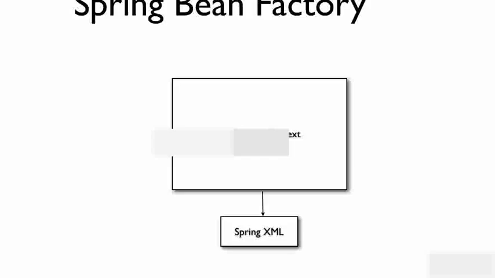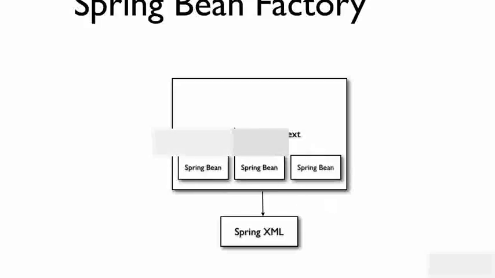It reads the Spring XML and it looks at all the beans that are available in the Spring XML, and it actually creates them by itself. Note that there is still no call to the get bean. Okay, without any call, the application context during initialization itself has initialized all the Spring beans that we have configured in the Spring XML.